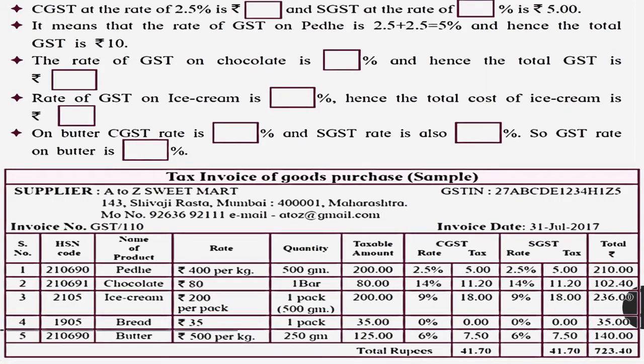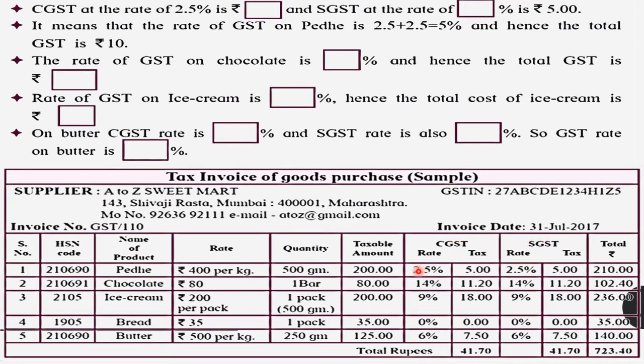First, they are asking what is the tax at the rate of 2.5%. From the invoice, in the first section itself, PEDA, its price is rupees 400 per kg, quantity purchased is 500 gram, taxable amount is 200, and next they have given CGST and SGST.